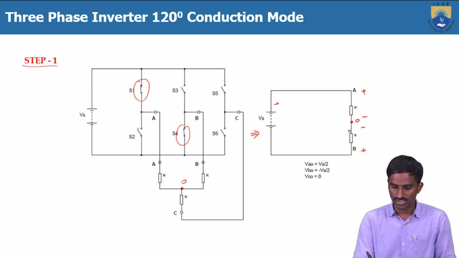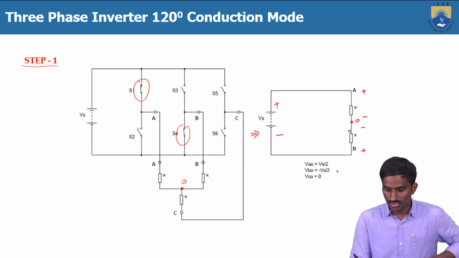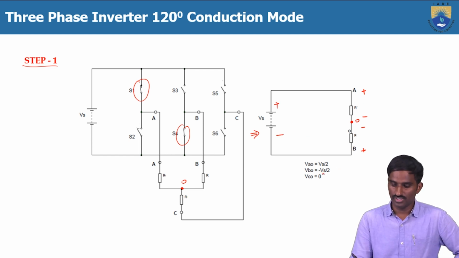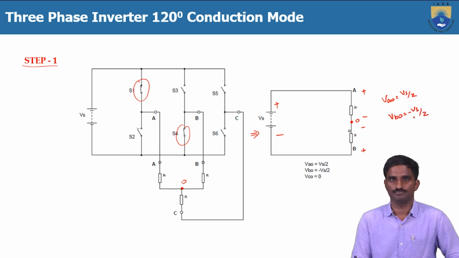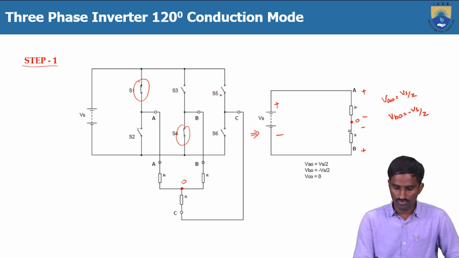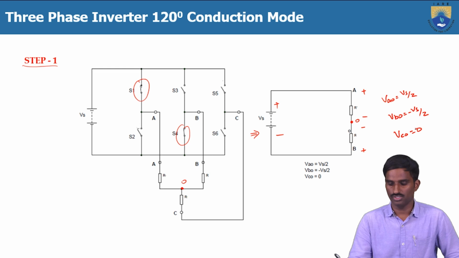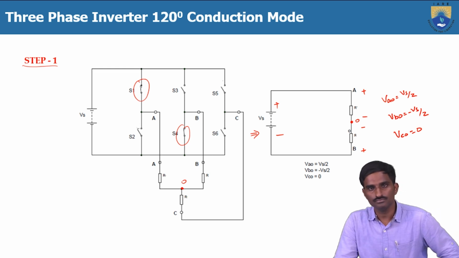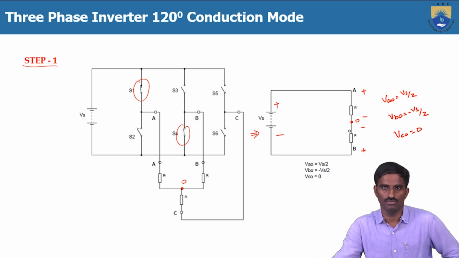But actually our voltage is positive, negative, so it will divide: VAO is equal to Vs by 2, but VBO is equal to minus Vs by 2. And for VCO, in phase C the two switches are in the off position, so VCO is equal to 0.